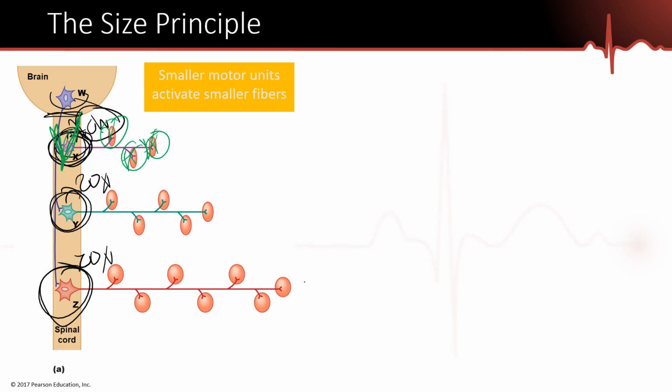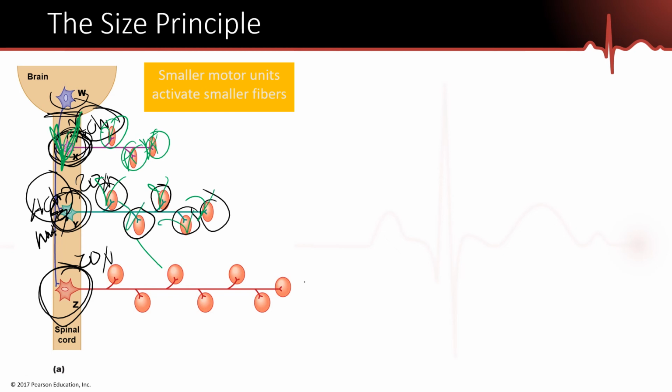Now, this time, you've actually released enough acetylcholine onto alpha motor neuron Y to allow enough sodium in to allow alpha motor neuron Y to get to threshold. And now alpha motor neuron Y generates an action potential and passes that action potential to these five muscle fibers. And these five muscle fibers all contract as well. Okay, we'll get to what that means in a second.